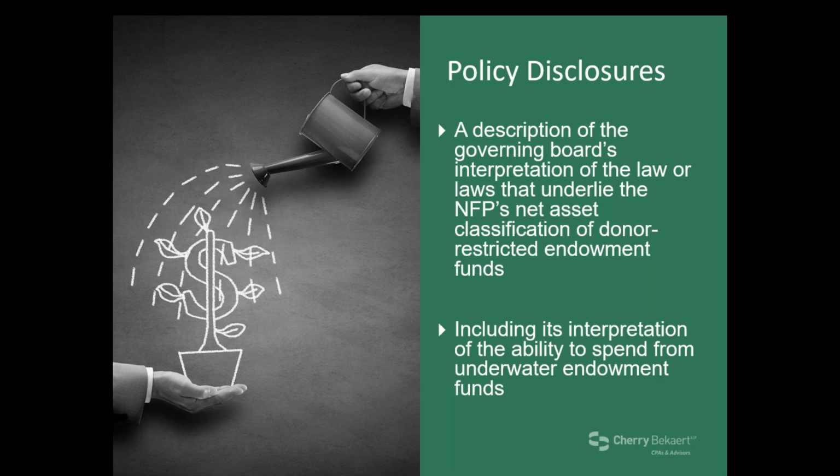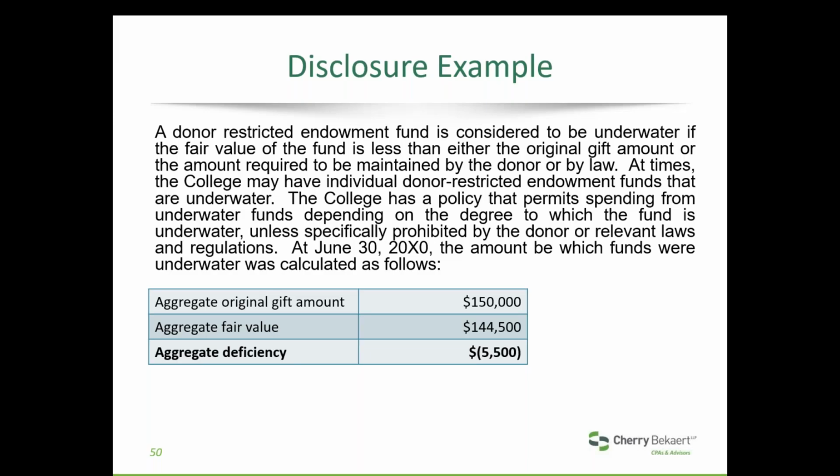So now we'll just go through a few examples of what that may look like. So in this example, you'll see in the first sentence, it says that a donor-restricted endowment fund is considered to be underwater if the fair value of the fund is less than either the original gift amount or the amount required to be maintained by the donor or law.